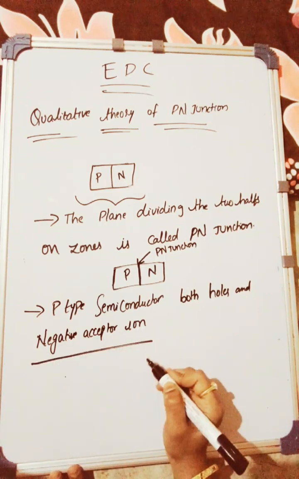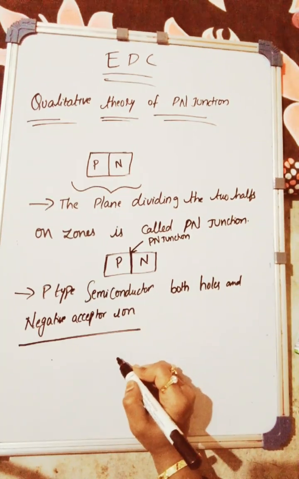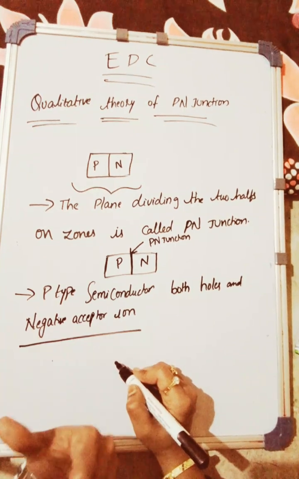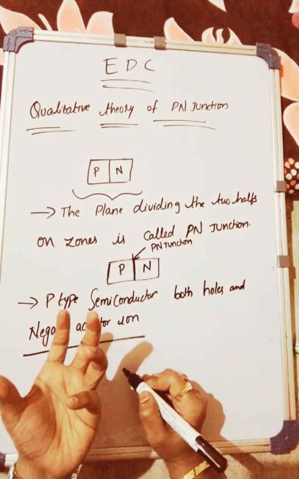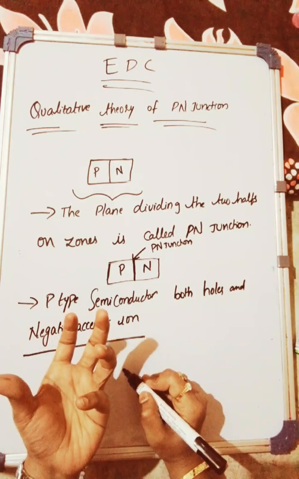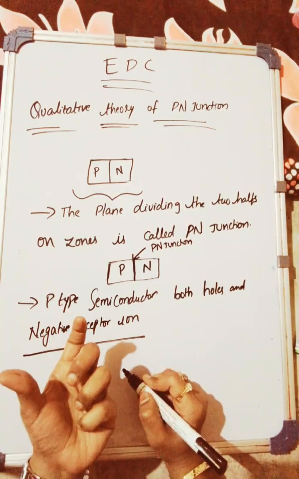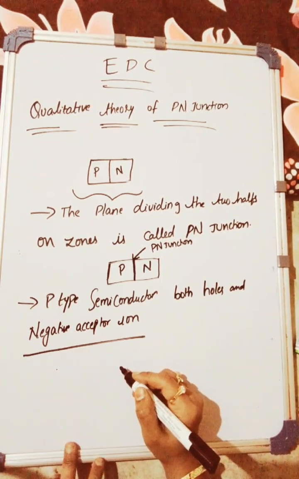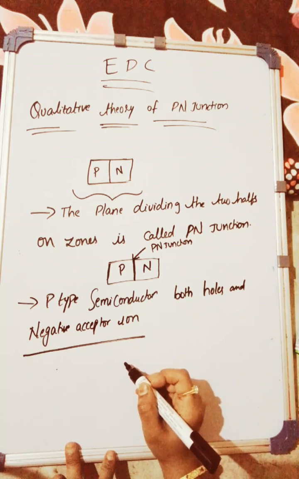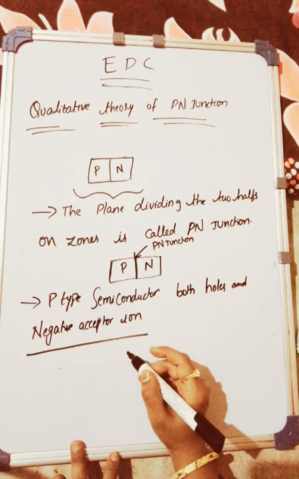The acceptor impurity atom is short of one electron and becomes a negative ion. So the p-type semiconductor consists of both holes and negative acceptor ions.